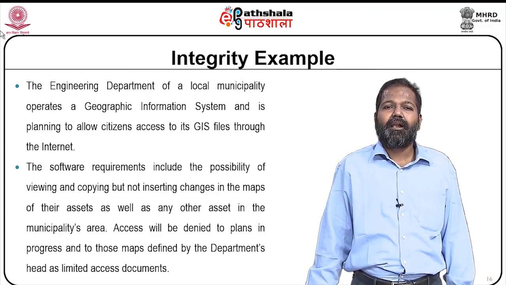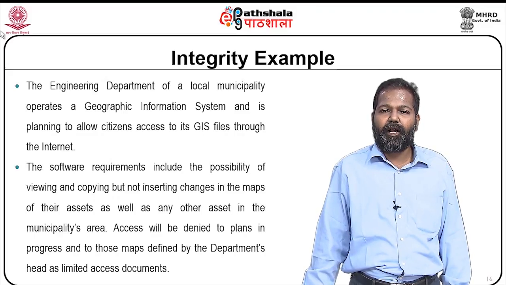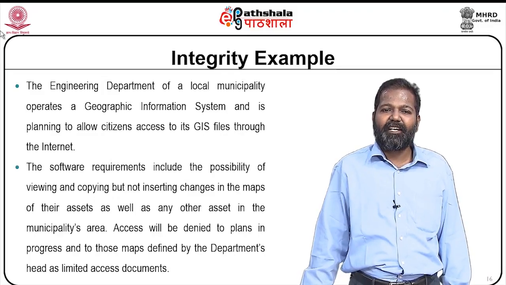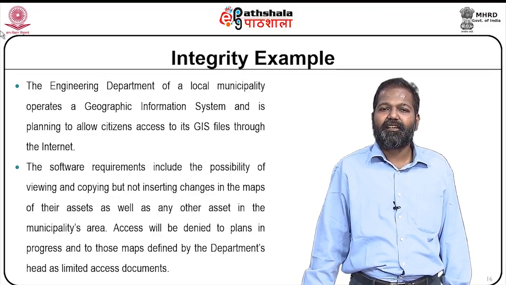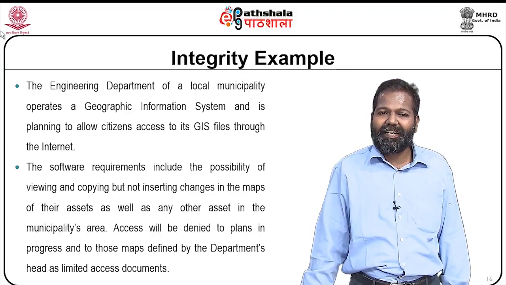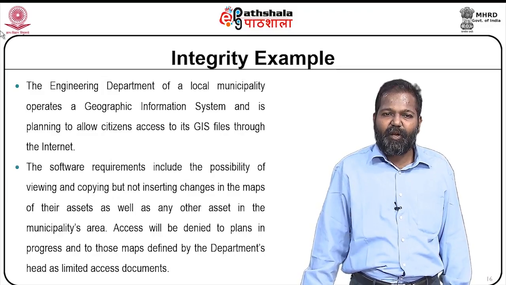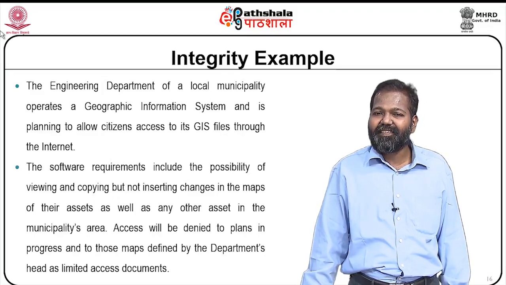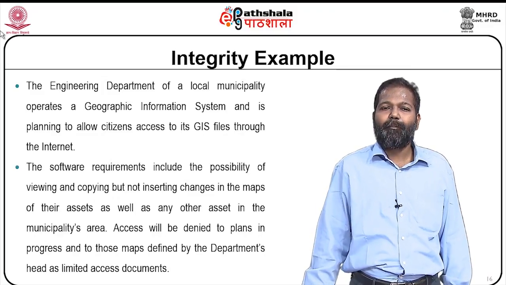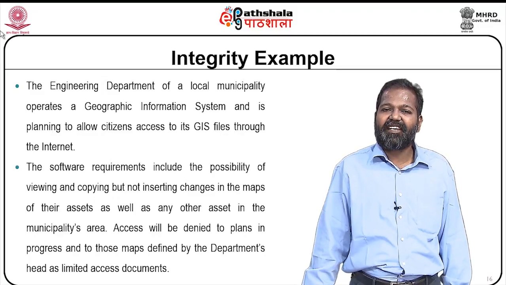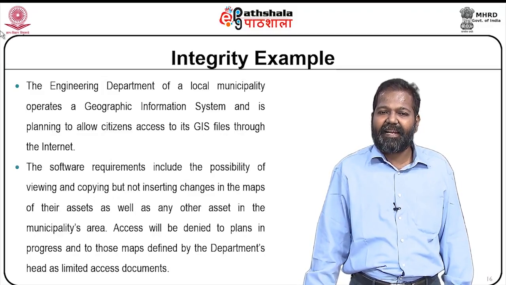Integrity example: the engineering department of a local municipality operates a geographic information system and is planning to allow citizens access to its geographic information system files through the internet. The software requirements include the possibility of viewing and copying, but not inserting changes in the maps of their assets as well as any other asset in the municipality's area.